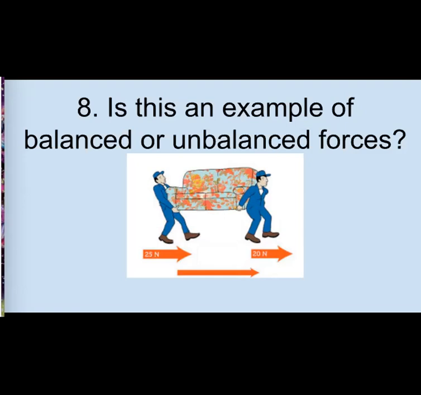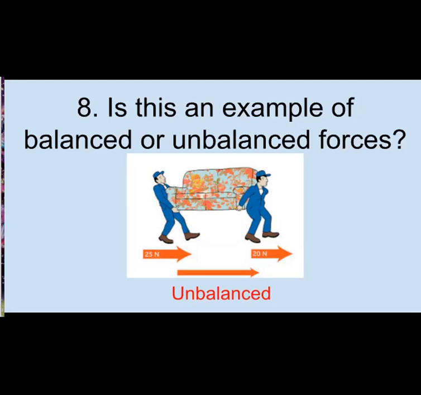Okay, good. I had a couple students last period who, because they saw a force on both sides, got a little confused, but you guys caught on that they're going in the same direction. So this is unbalanced, going in the same direction here.